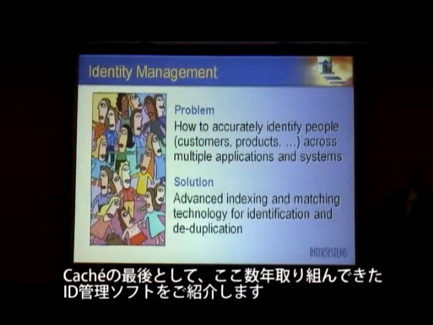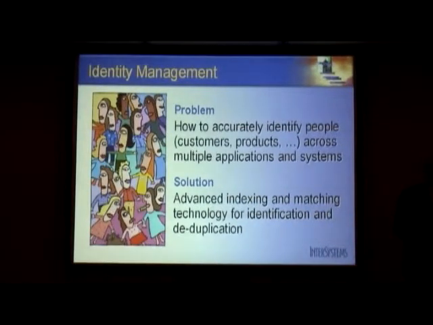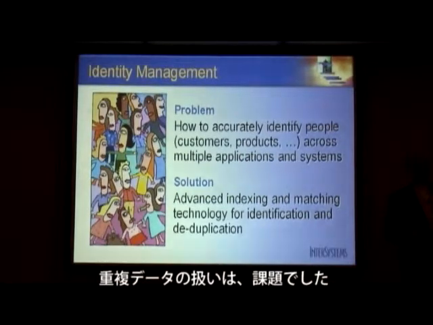Final technology element I'd like to mention in the cache context is the identity management software that we have been creating over the last few years. The general challenge here is to find records that really represent duplicates.